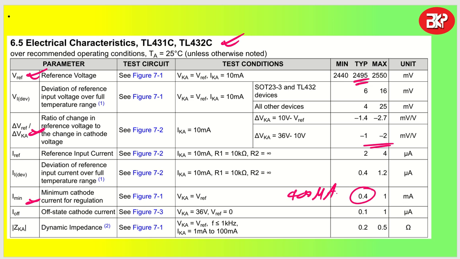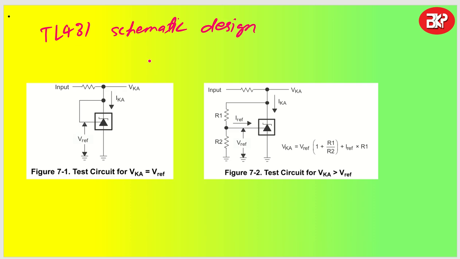Now let us see some of the circuits given in the data sheet itself, so how to design circuits with the TL431. Let us say you want to have VK equal to 2.5 volts. You just give your V input, and one resistor will be there, limiting the current through the cathode of this TL431.